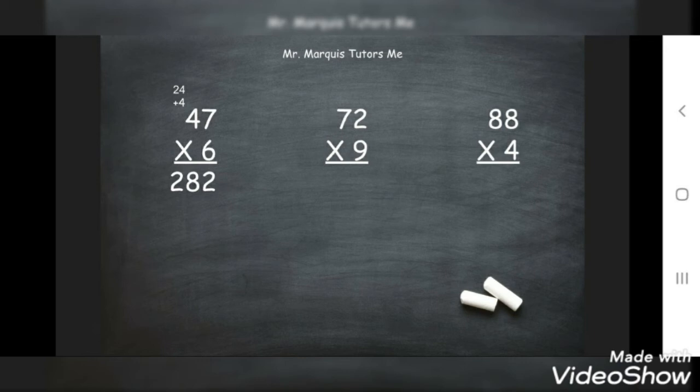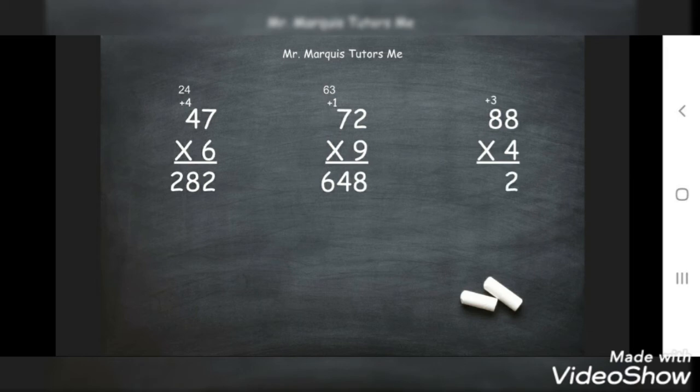Same thing with the next one. I'm going to take this 9 times 2 and then 9 times 7. So 9 times 2 was only 18. I wrote the 8, carried the 1, which is going to the tens place. 9 times 7 is 63, plus the 1 is 64. The next one says 8 times 4 is 32.